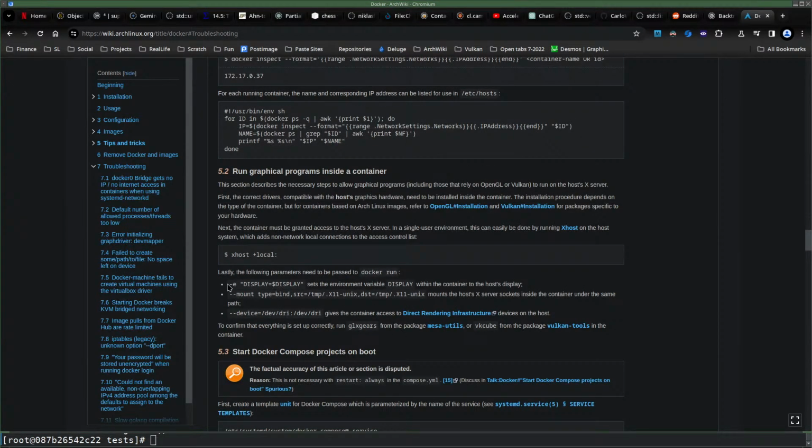Okay, so basically you have to pass this, and then you can connect, provided that you have permission from the host. Let's just try it. I'm not going to install everything again, but you can try these arguments and then maybe run GLX gears from wherever.